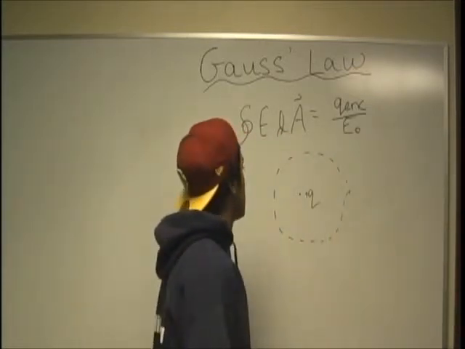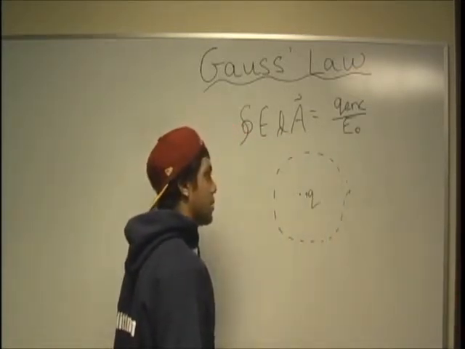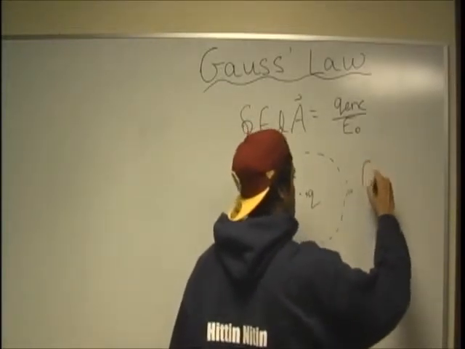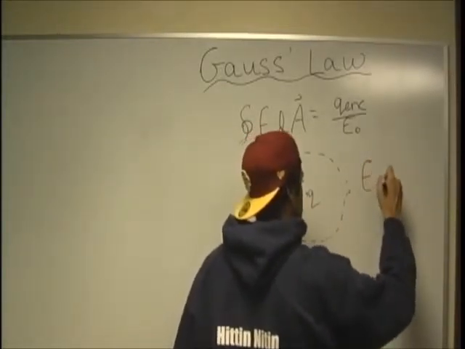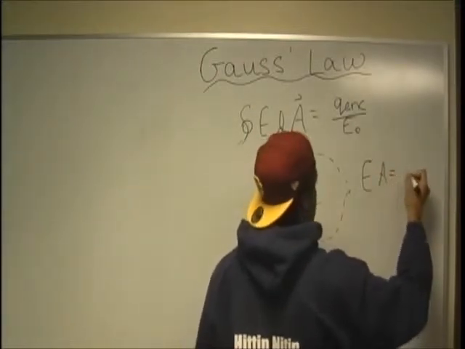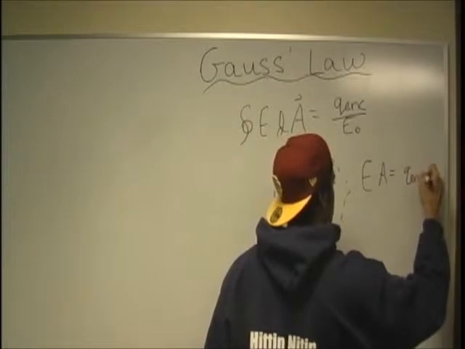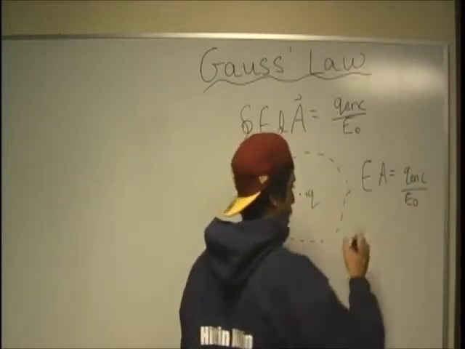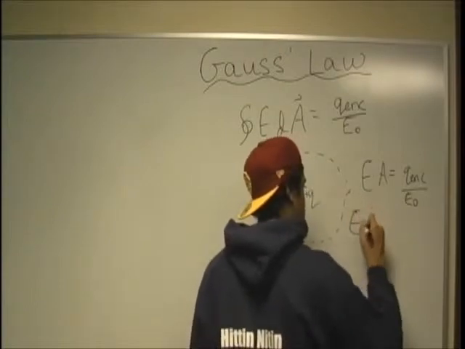Because it's going to be the exact same field at any point, the integral is just going to be the field times the surface area. So I guess we can solve for the field.